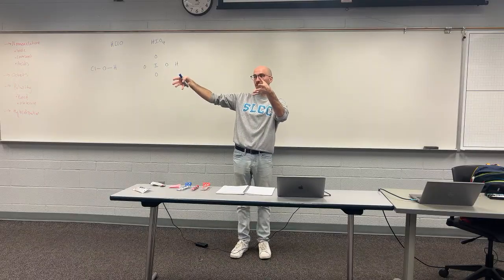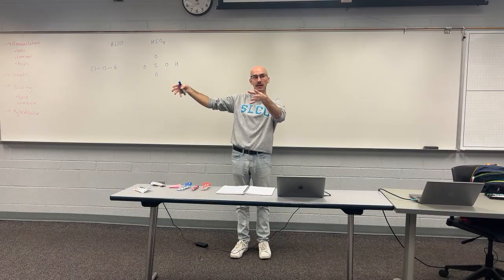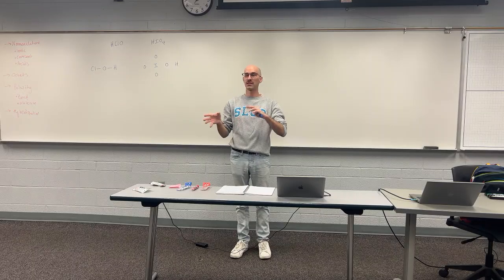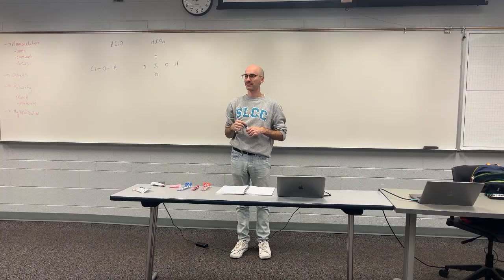The root of its name comes from the root for the ion, ClO minus. This is not chloric acid. Chloric acid would come from chlorate, and chlorate is ClO3 1 minus.